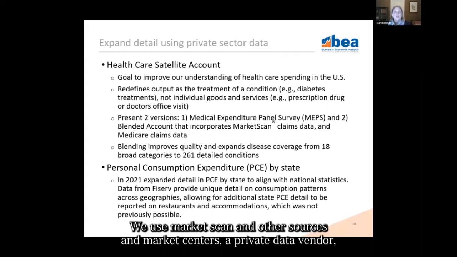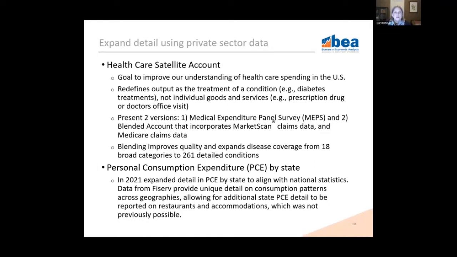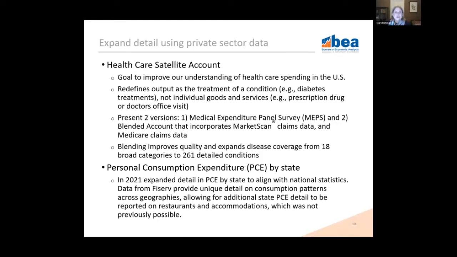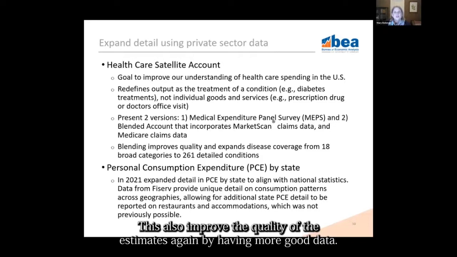We use MarketScan and other sources, and MarketScan is a private data vendor, and we blended that in with the MEPS panel survey to expand the sample, and this enabled the team that works on the healthcare satellite account to expand disease coverage to 261 detailed conditions. This also improved the quality of the estimates, again, by having more good data.